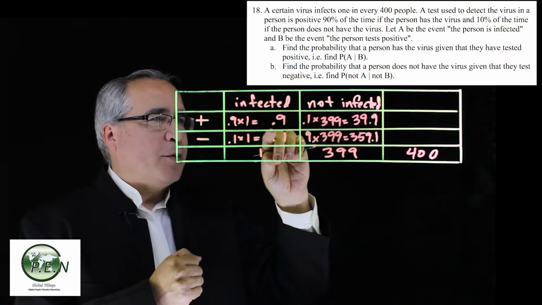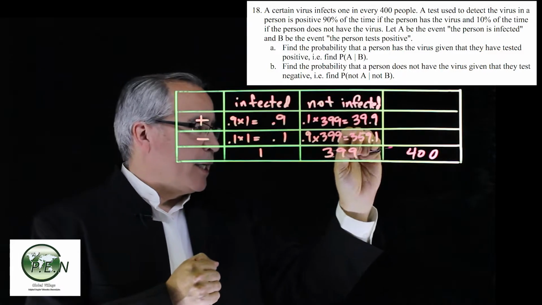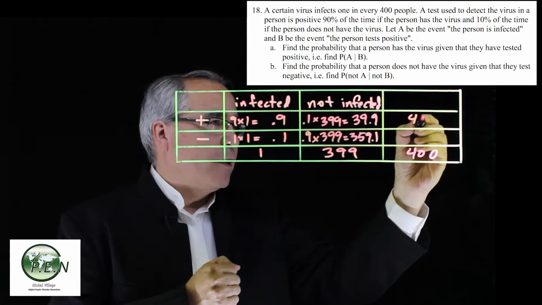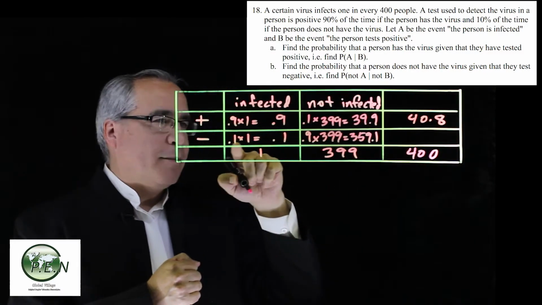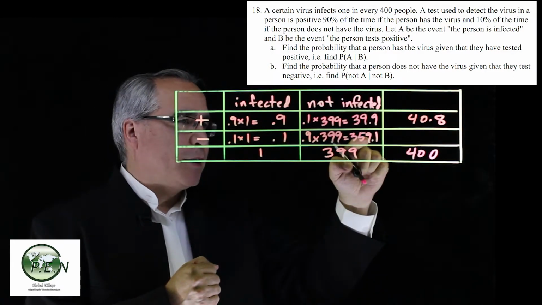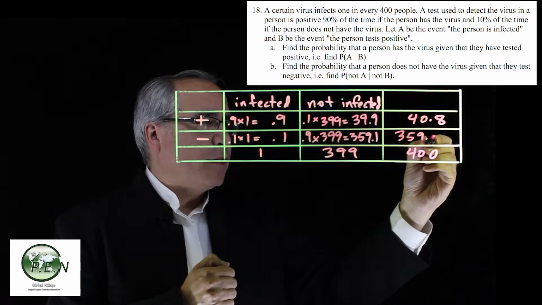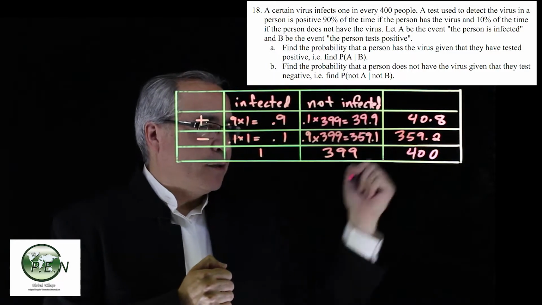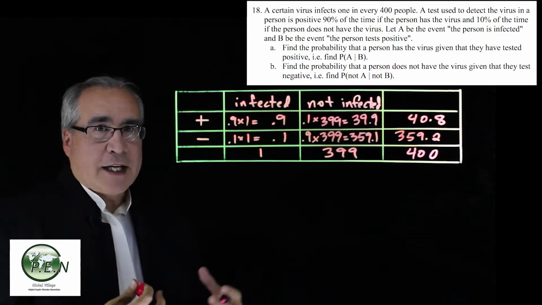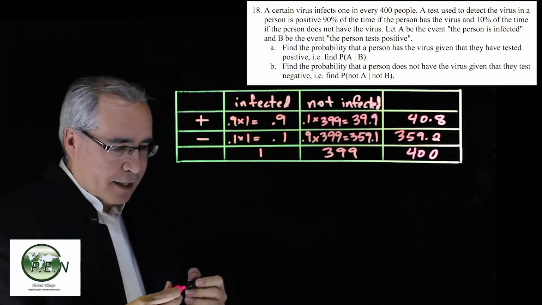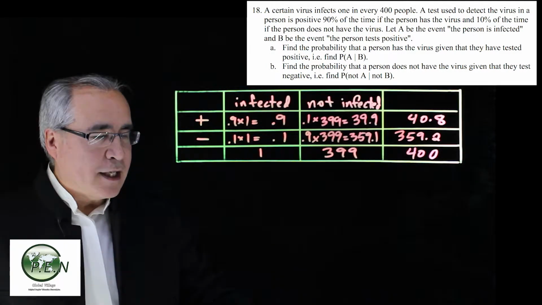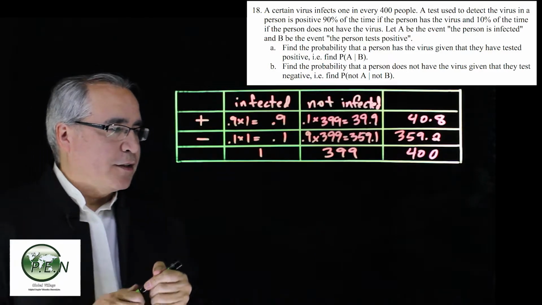So if we add across 0.9 plus 39.9, we get 40.8. We add across here 0.1 plus 359.1, we get 359.2. If you add these two together, you will get your 400. So we've counted appropriately. After all that, we are now set up to start answering the questions.